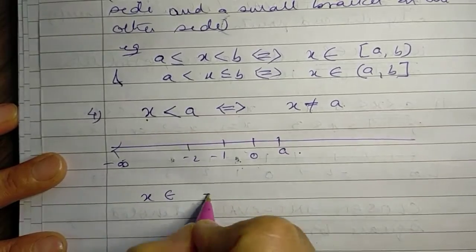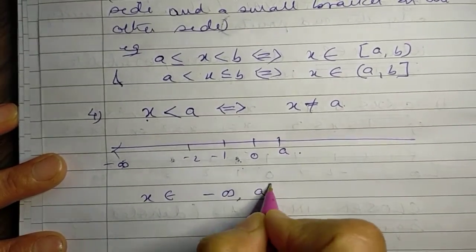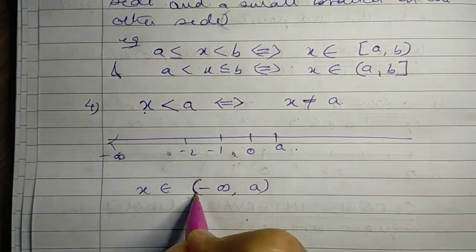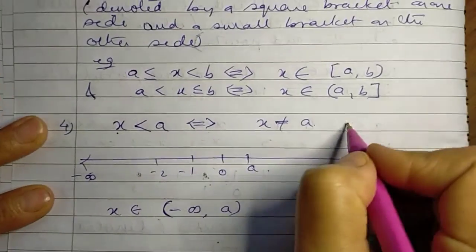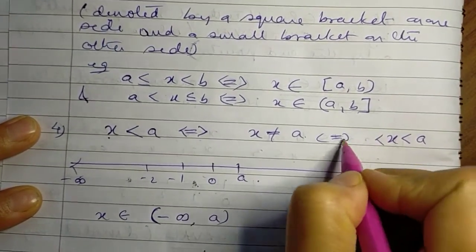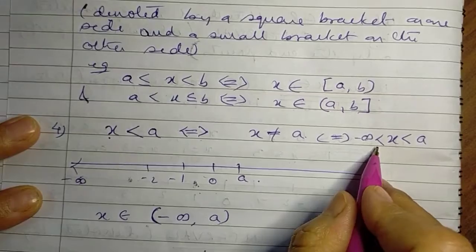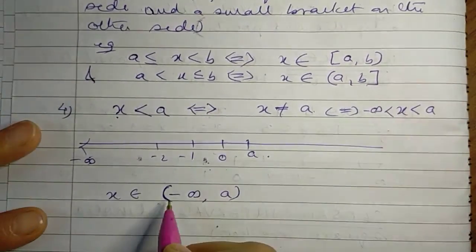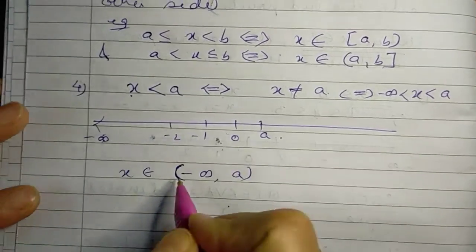So we will be writing it as minus infinity, a, and both are covered with a small bracket. So this is the same thing as x lies between a and minus infinity.